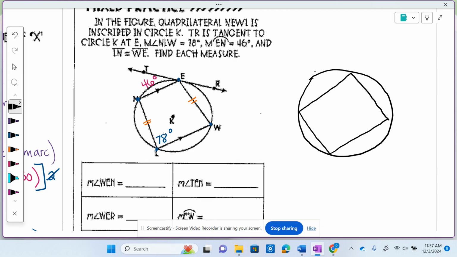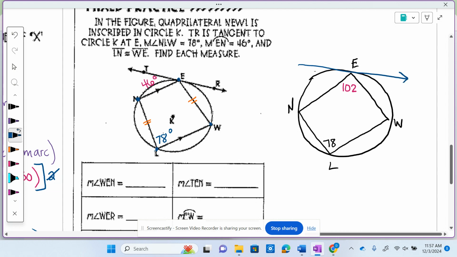Because 78 plus 78 is 180? Mm-mm. What do we know about angle WEN? It's supplementary to its opposite angle, so what is the measure of WEN? It's 102. Nice recovery.